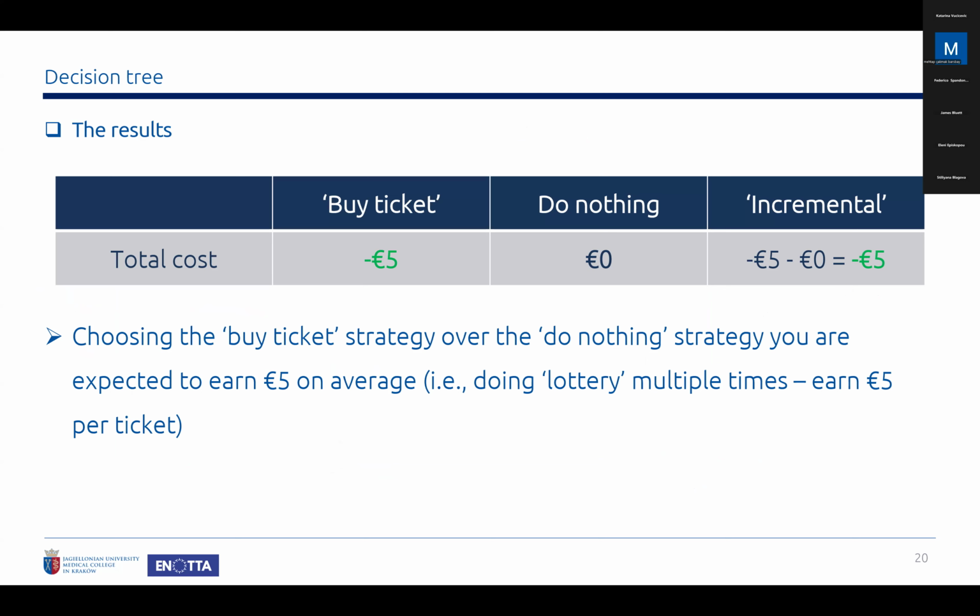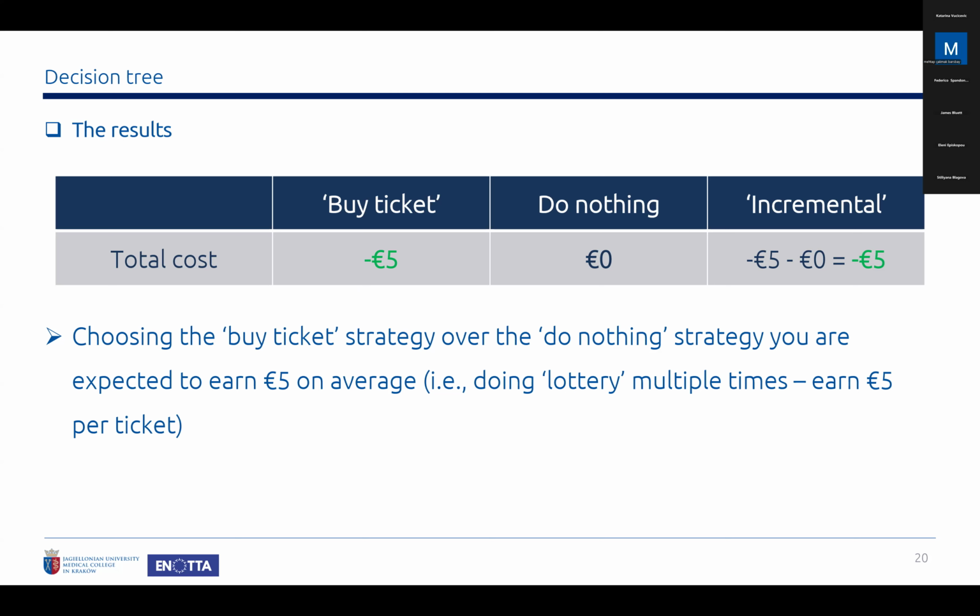But it's good to remember that the minus €5 is not money in our pocket for every ticket we bought. It's indicating that if we are willing to buy, for example, 100 tickets, we will have an additional €5 on average per ticket in our wallet when we do this.